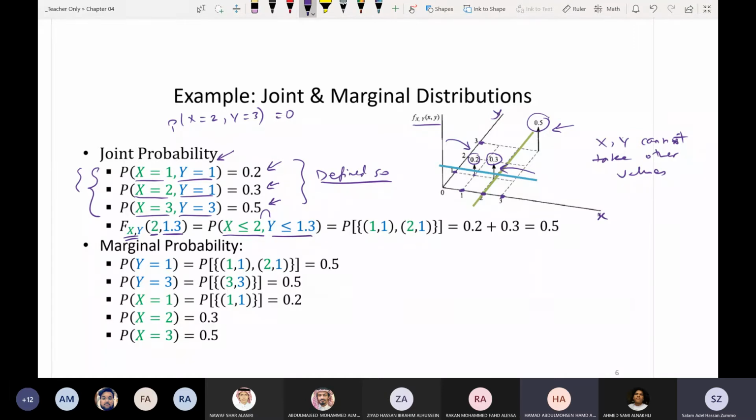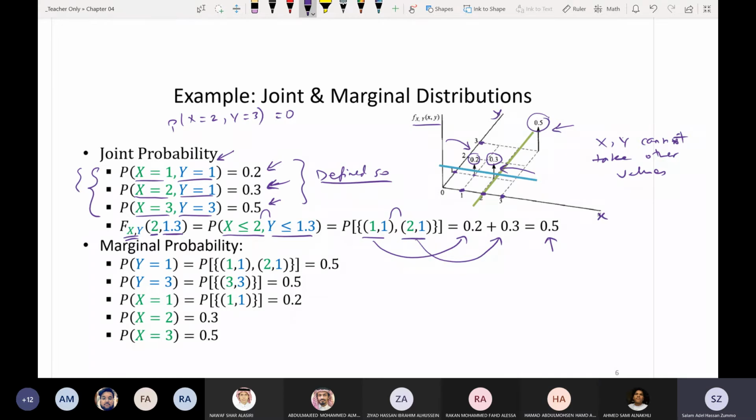The first two options also. So this is equal to the joint probability of (1, 1) and (2, 1). Right? And we know that the probability of the first is 0.2, given. The probability of the second is 0.3, given also here. So this probability is equal to 0.5. This CDF value is equal to 0.5. Okay?